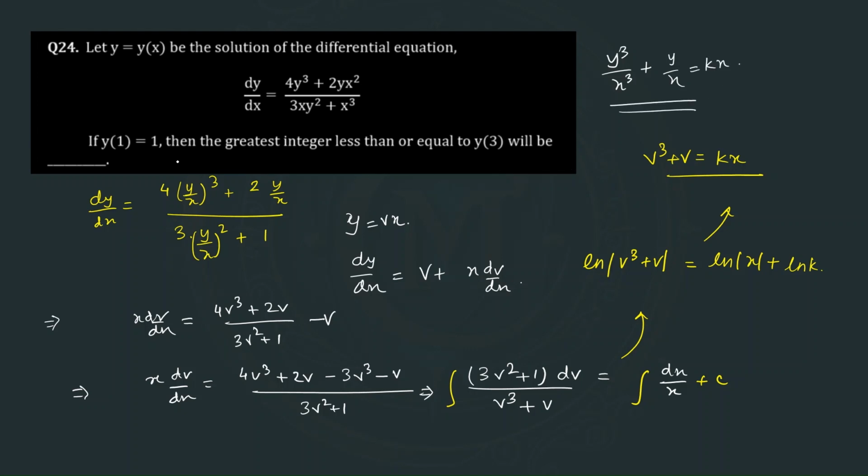So let us first use this information to find the value of k. So y of 1 equal to 1, that means 1 by 1 plus 1 by 1 equal to k. That means k is equal to 2. So our solution becomes y cube by x cube plus y by x equal to 2x.